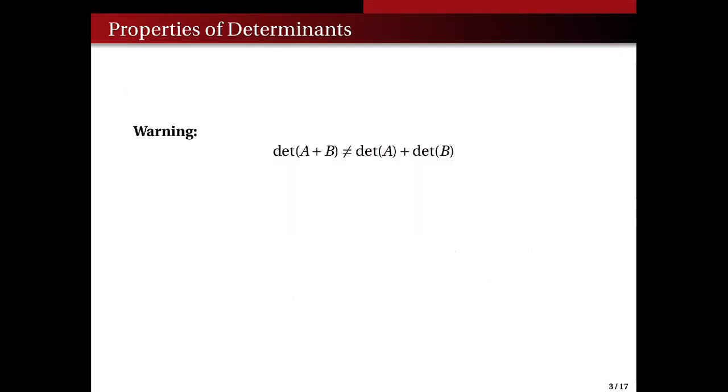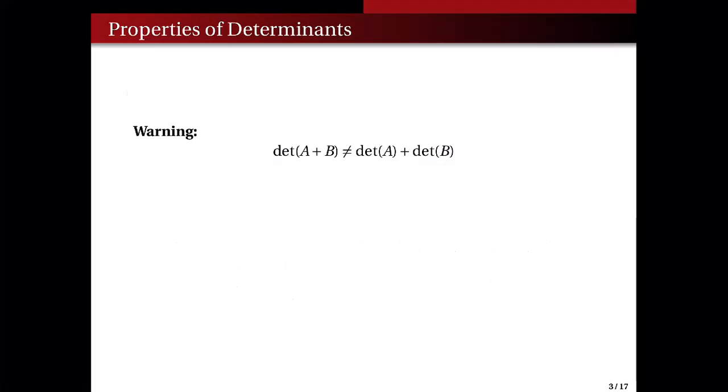Now, if we have 2 matrices and we add them and we try to get the determinant of that, it is not always the determinant of A plus the determinant of B. Meaning, if you have 2 matrices A and B, you have A plus B, you get the determinant of A plus B, okay?